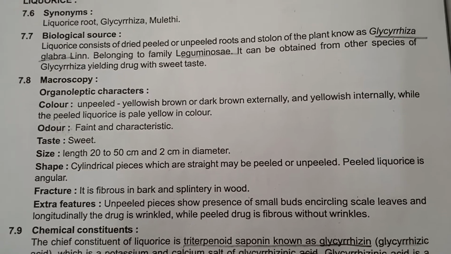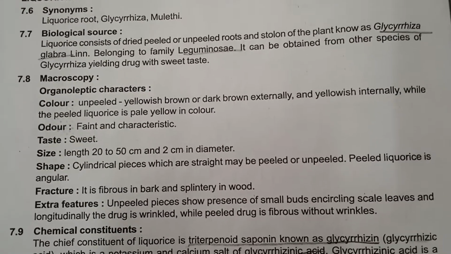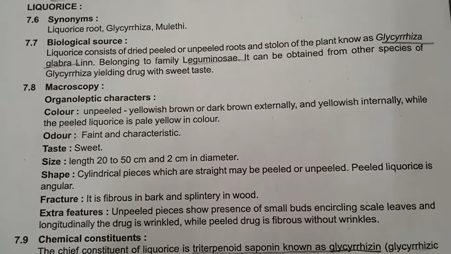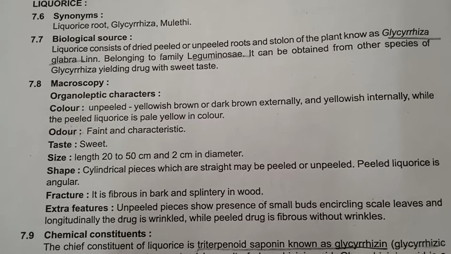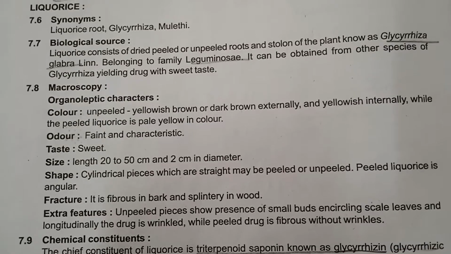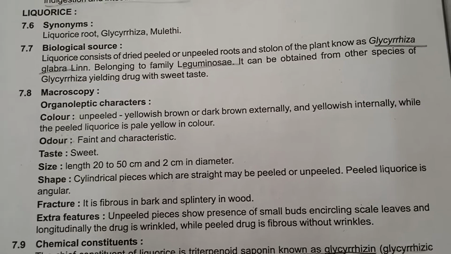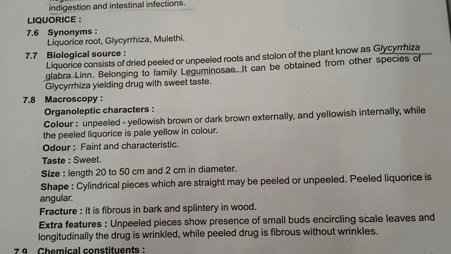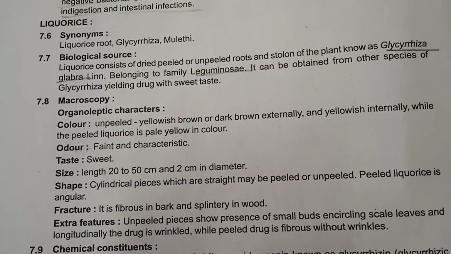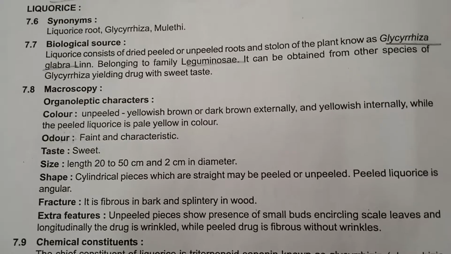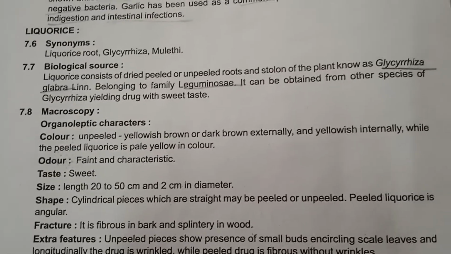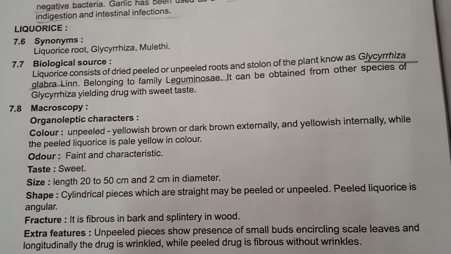Biological source of this drug: it consists of dried, peeled or unpeeled roots and stolons of the plant known as Glycyrrhiza glabra belonging to family Leguminosae. It can be obtained from other species of Glycyrrhiza yielding drug with a sweet taste.